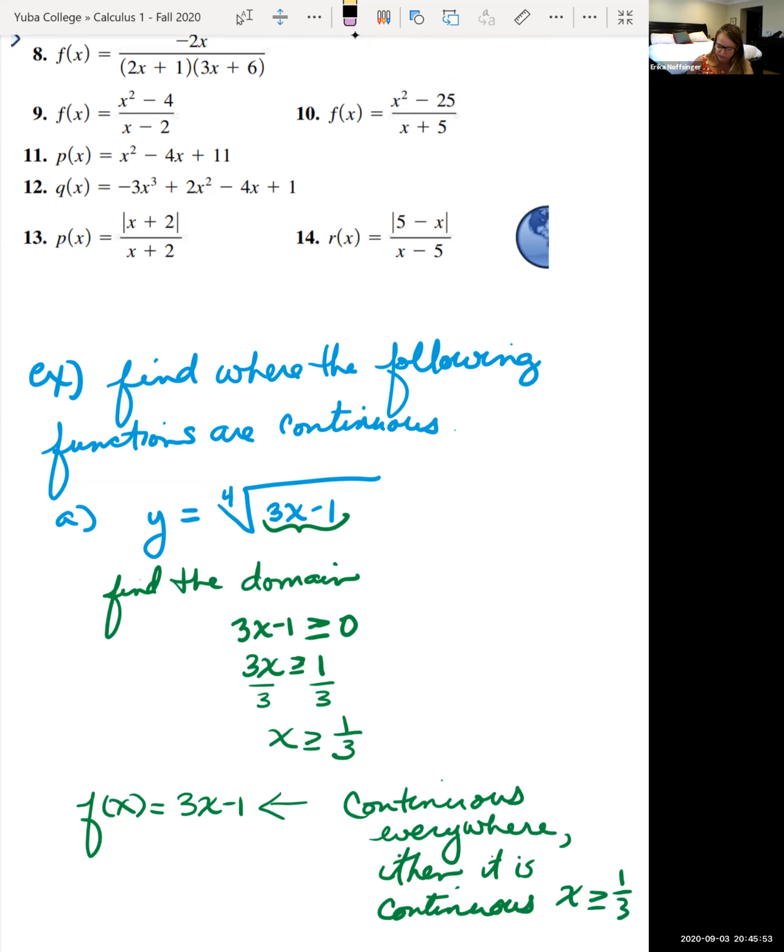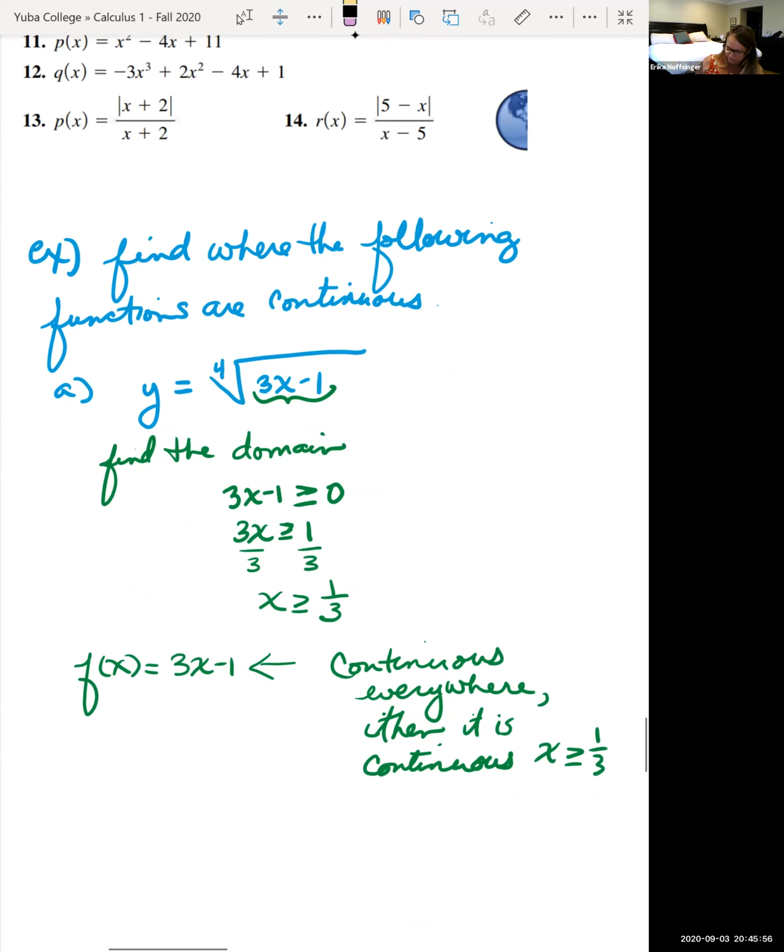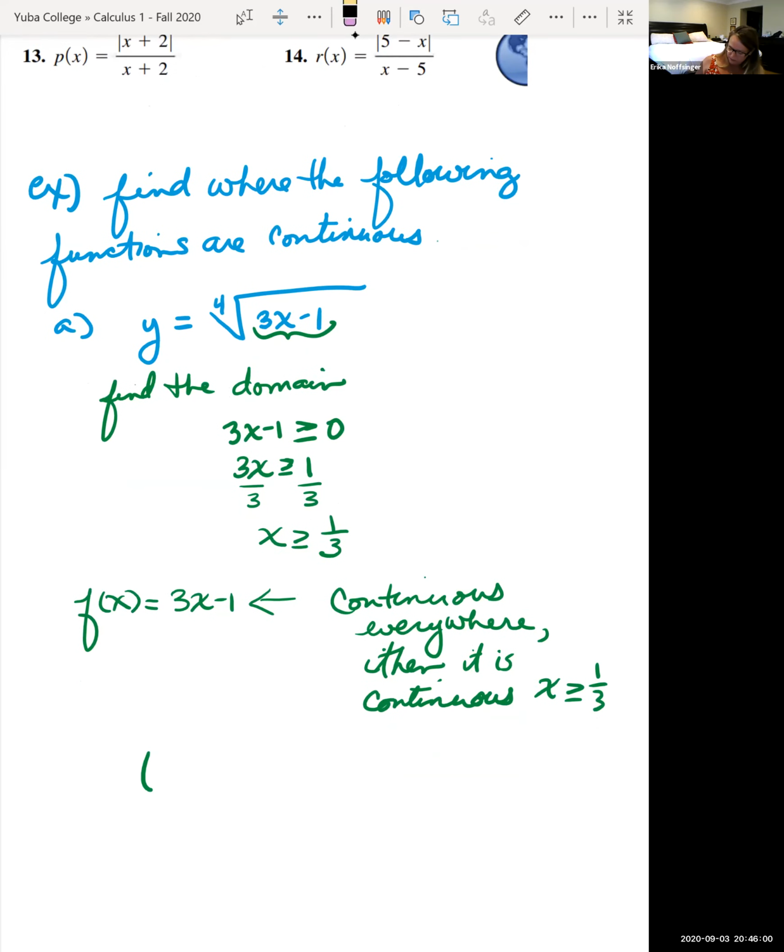And so then the fourth root of 3x minus 1 is also continuous if x is greater than or equal to 1/3.